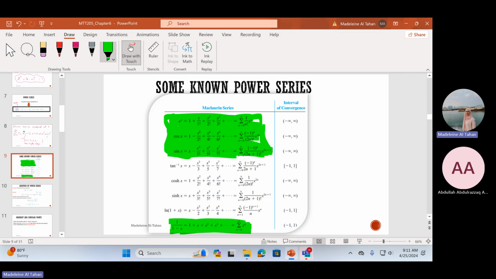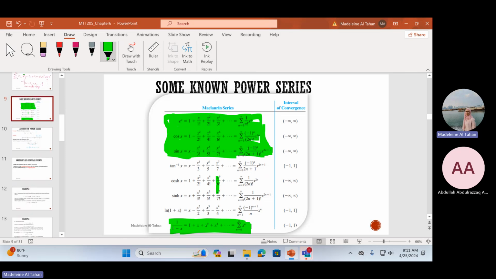Look, for example, at this one: the interval of convergence is on, whereas here the interval of convergence is the open interval negative 1. Okay, so what we mean by series is like a polynomial, but always we have x squared, x cubed, x to the 4, and so on. We put dots at the end, or we write it with sigma notation.